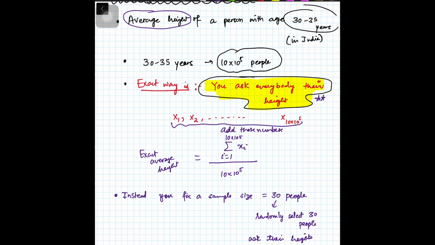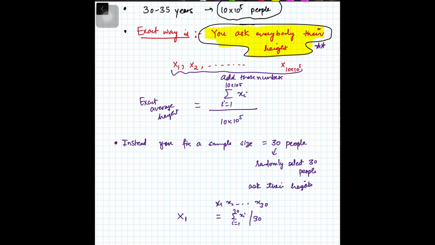I will get these numbers, small x1, x2, up to x30. Then you take their average, sum of xi for i from 1 to 30, over 30. You'll get a number, call it x bar 1.